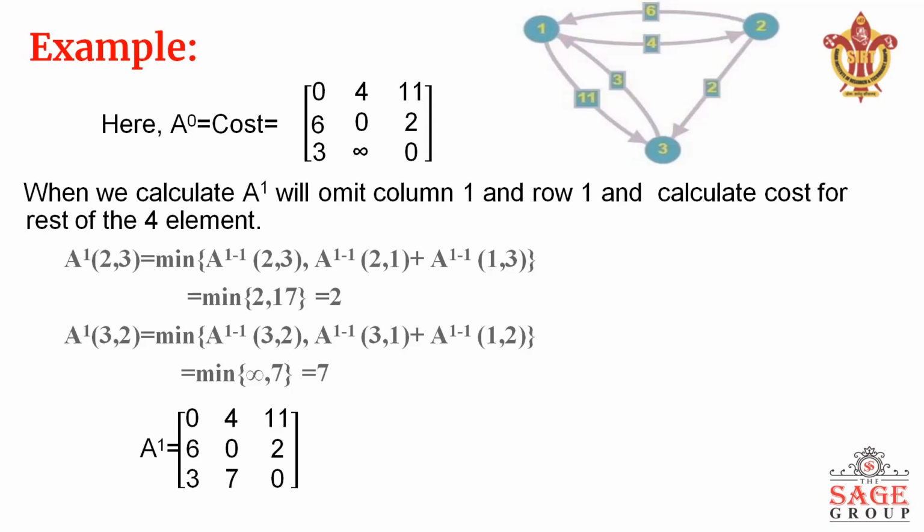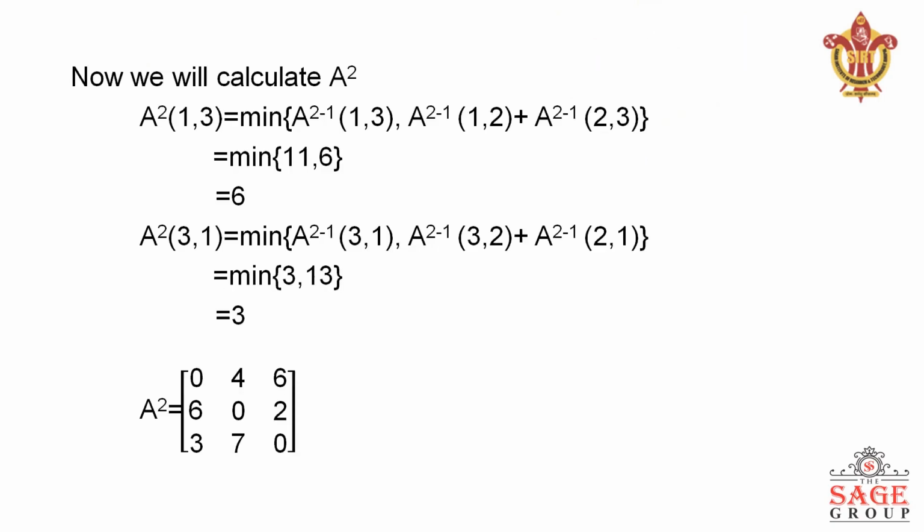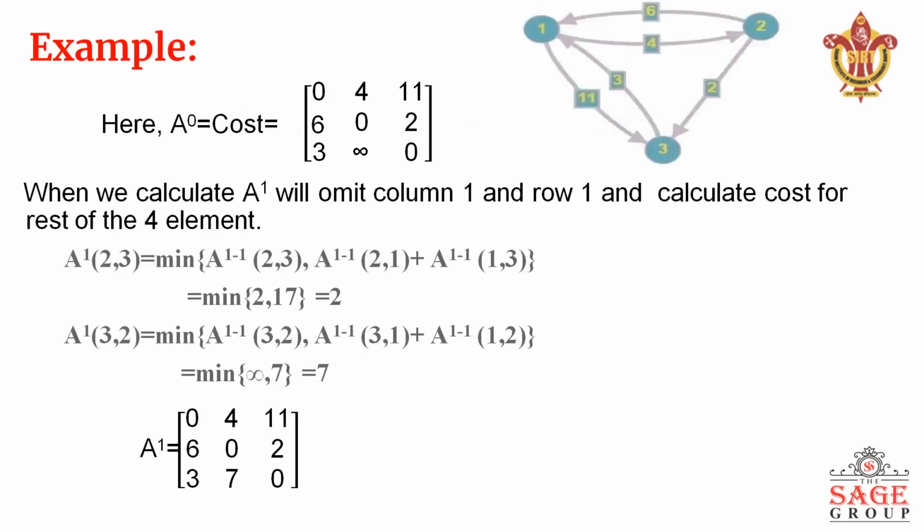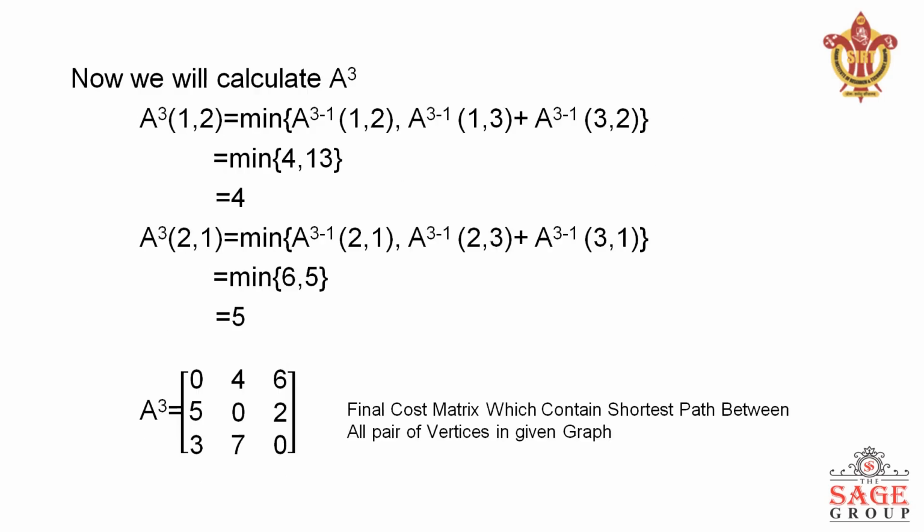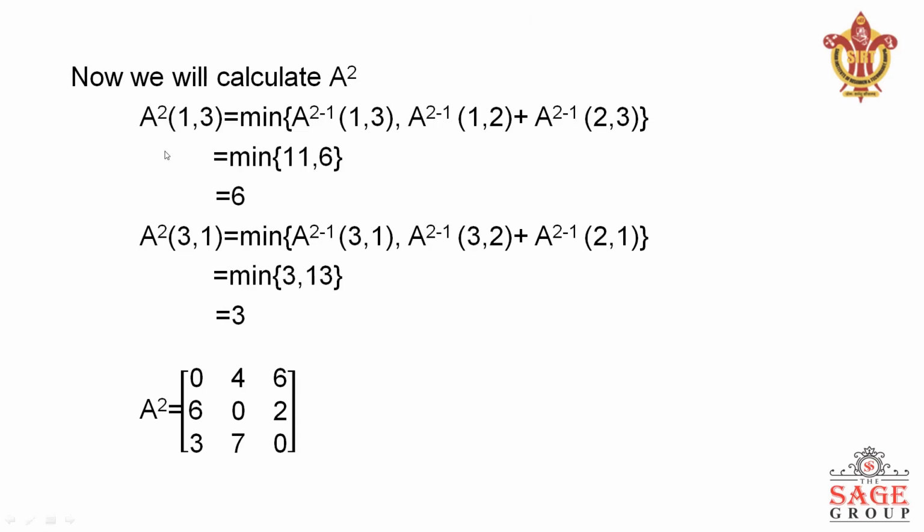Now we continue. We calculate A2, in which the second row and second column are omitted, and we have to calculate the values of A1,3 and A3,1. So in the second iteration, A2,1,3 is the minimum of A1,3 and the path through 2 as an intermediate vertex.